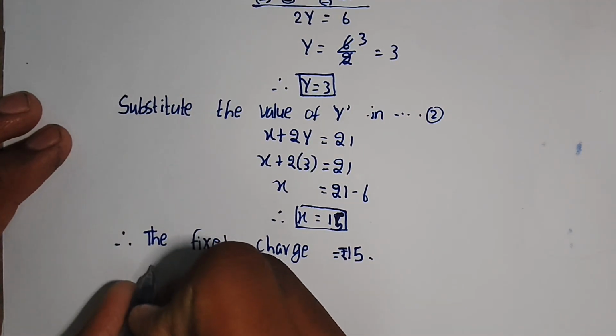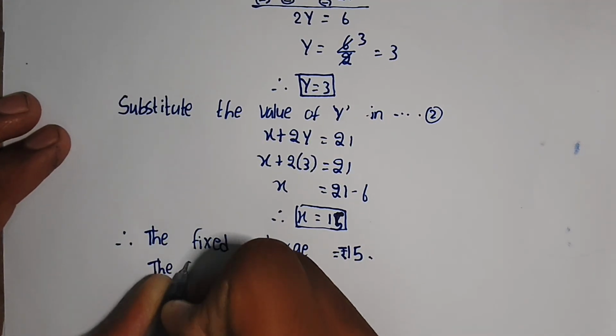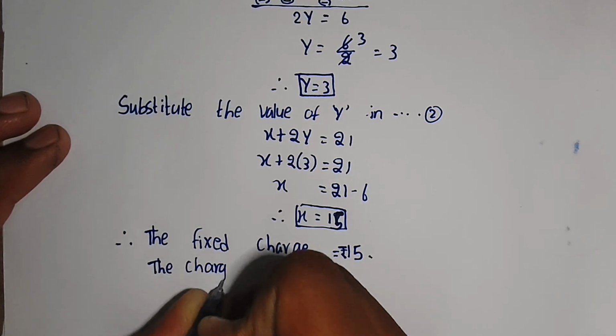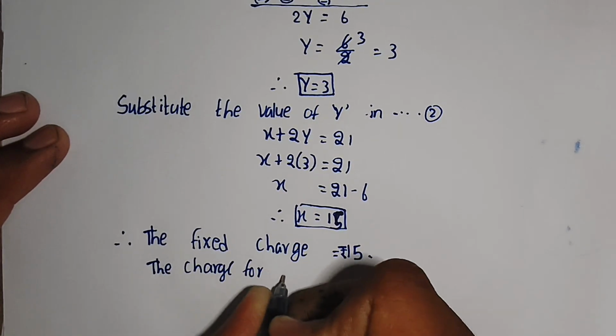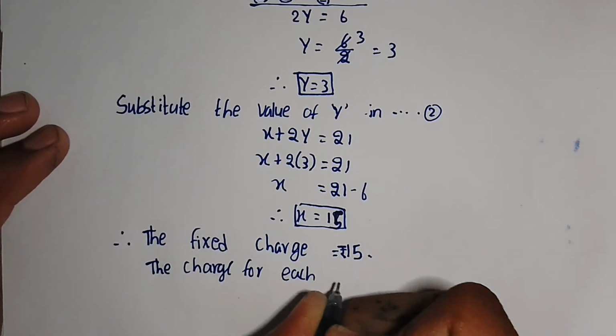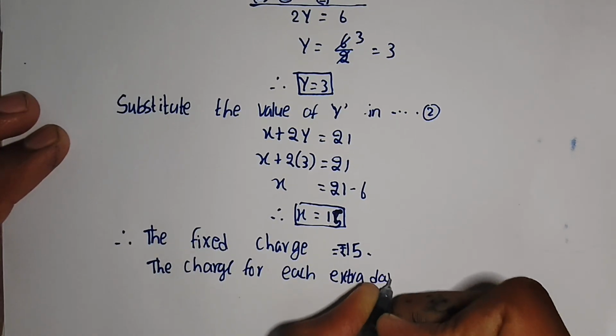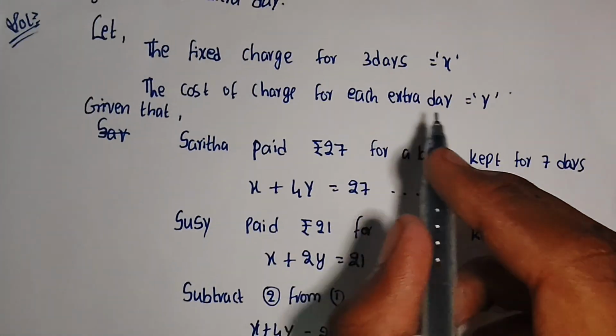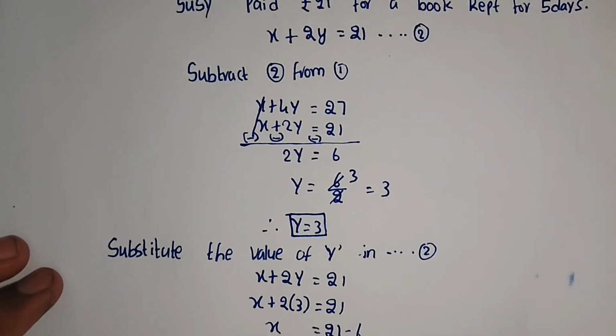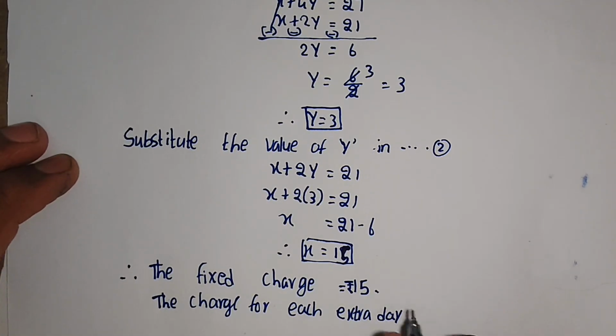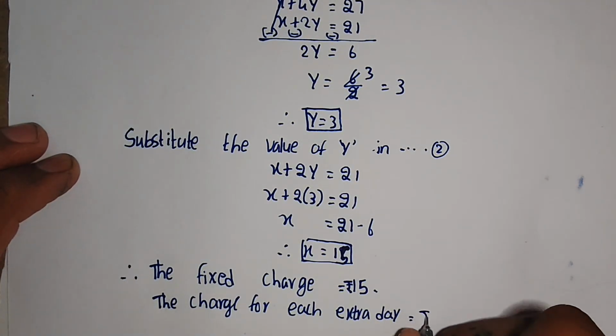After, the charge for each extra day, we thought of that as y. So the charge for each extra day is 3 rupees.